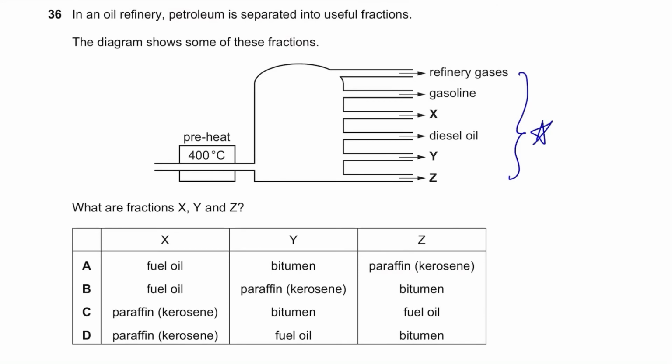It starts from refinery gas, gasoline, then X, then diesel oil. Between gasoline and diesel oil, there's paraffin, or sometimes referred to as kerosene. Then after diesel oil, it's fuel oil. Then lastly, it's bitumen at the bottom.